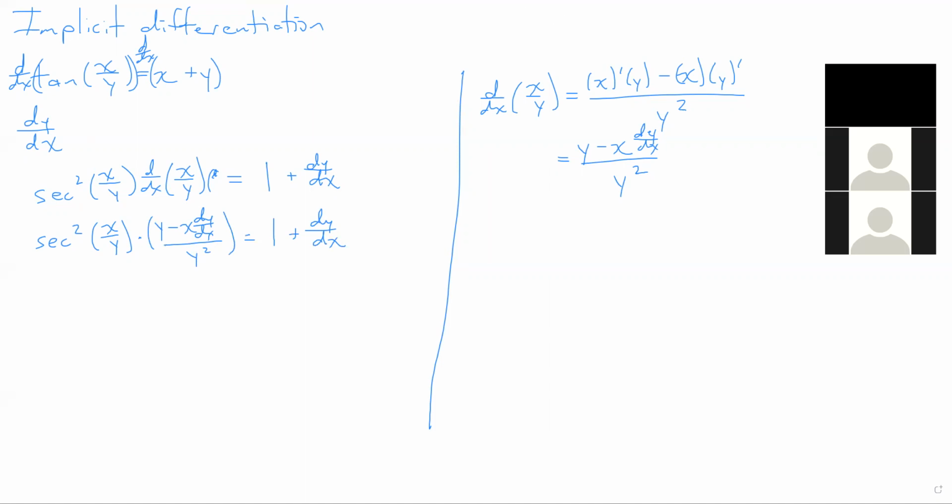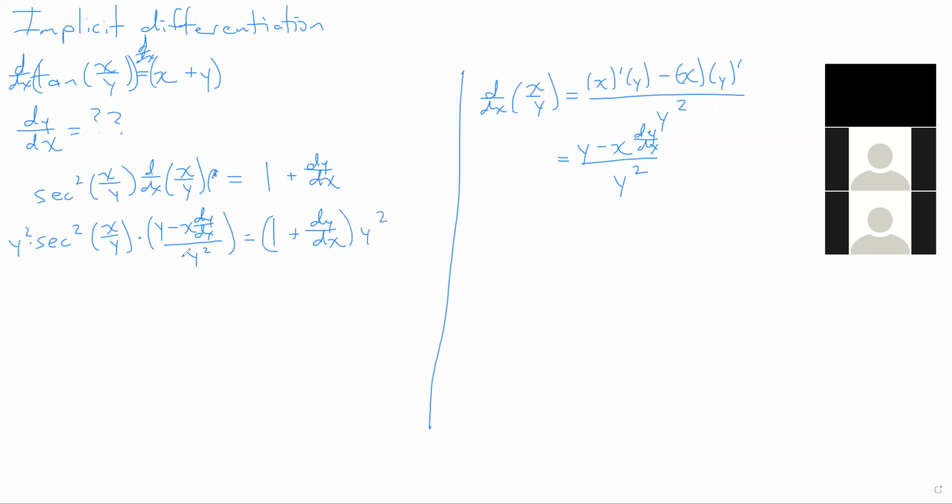Okay, I'm not seeing anything in the chat, so I'll keep going. From here, remember our goal is to figure out an expression for this dy/dx. So basically we got to get to a point where we can isolate that. I think there are a lot of ways to continue. What I would like to do right now is to multiply both sides by y squared.